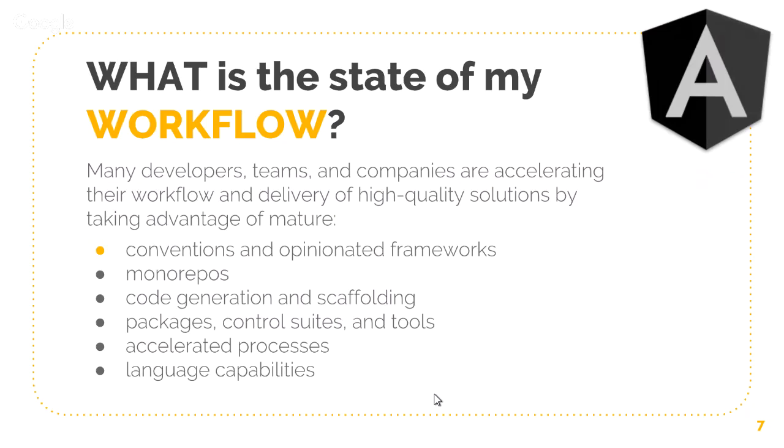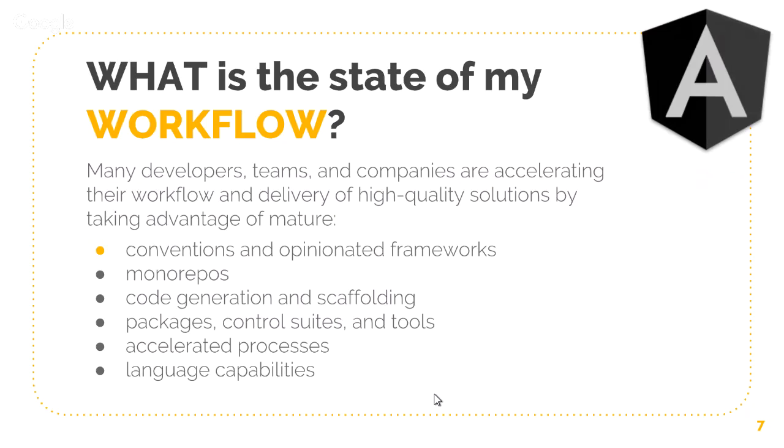And our processes are moving at the same pace, really accelerated, to deliver these solutions. And we also have different language capabilities that we didn't have before in JavaScript and TypeScript, being able to use object-oriented programming concepts like abstract classes, interfaces, enums, using design patterns with TypeScript, things like that.